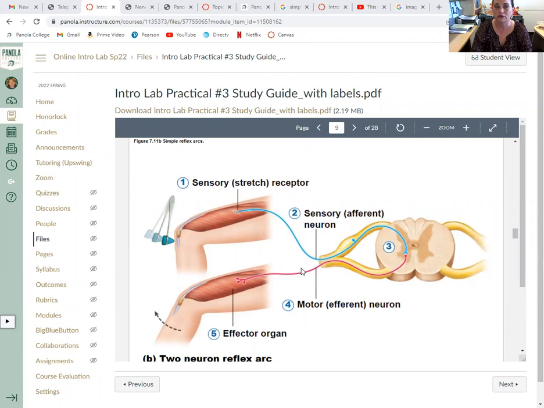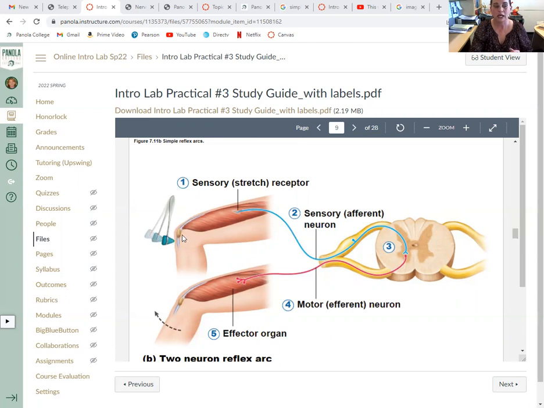This is a simple reflex arc. A reflex is an automatic response to some stimulus, and it happens the same way every time. For instance, if you go to the doctor and he wants to test your reflexes, he can hit your knee with a reflex hammer.